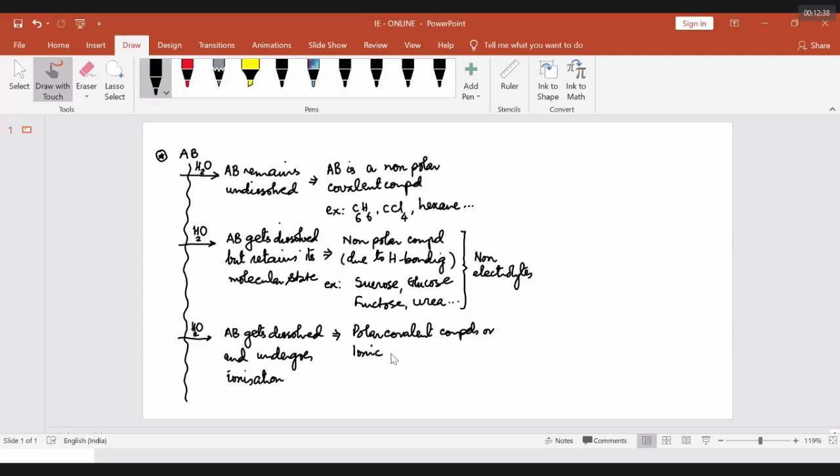Yes, ionic compounds also have this property: whenever sodium chloride is added into water, we have formation of sodium ion and chloride ion. Therefore, we say ionization process. So any polar covalent compound or ionic compound is considered to have this behavior, which is having roll number 3. And such type of substances in science are called electrolytes.